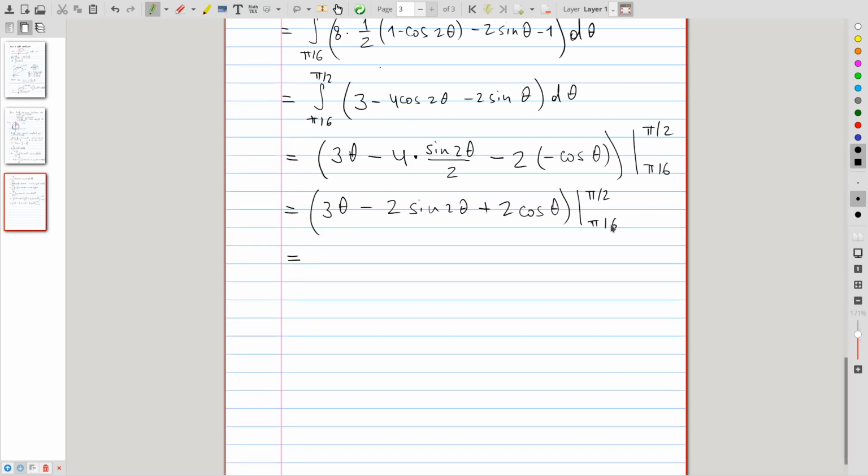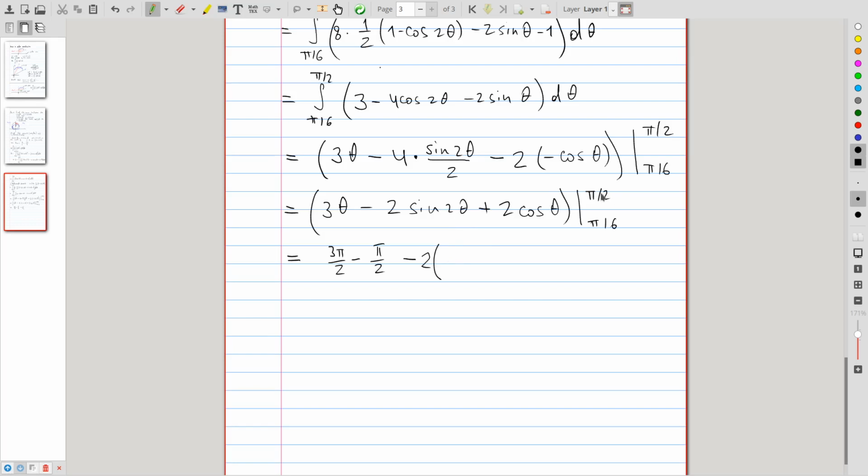The first term evaluated at these two values gives us 3 pi over 2 minus pi over 2. So that's 3 times pi over 2 minus 3 times pi over 6. Then minus 2, and then I'll evaluate the difference for sine of 2 theta.